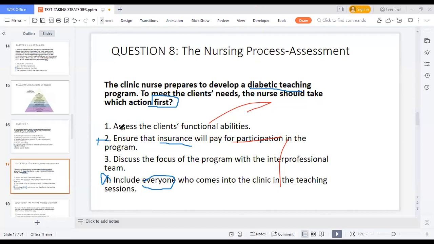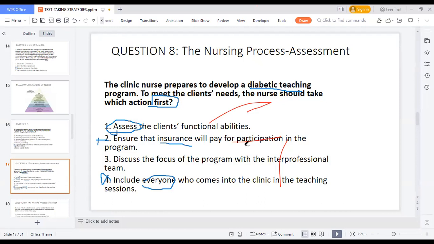So, the words we said, strategic words that reflect assessment. Assessment itself, right? Question 1, assess. So this is a question on assessment. And option number 1 says assess, then that should be the right option.